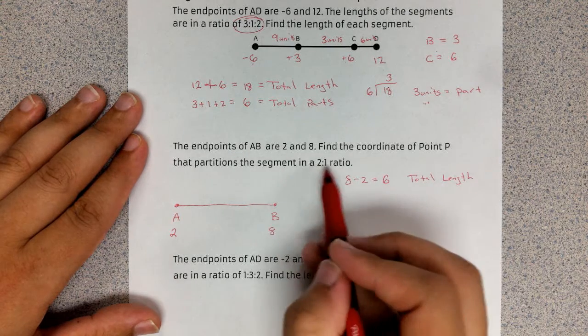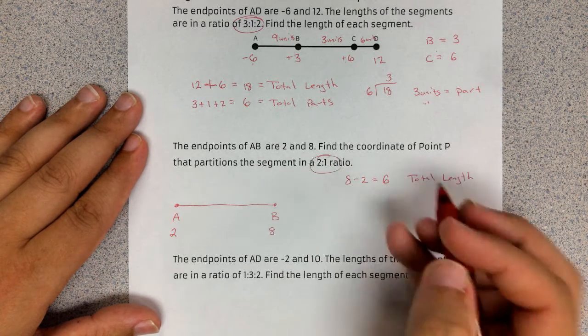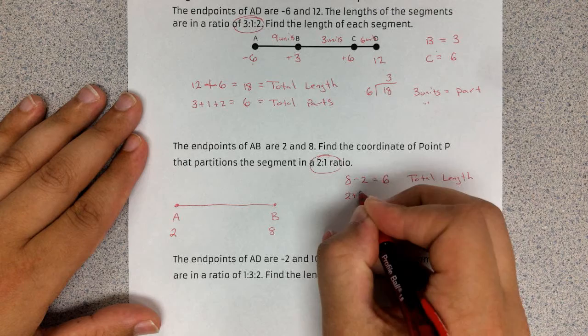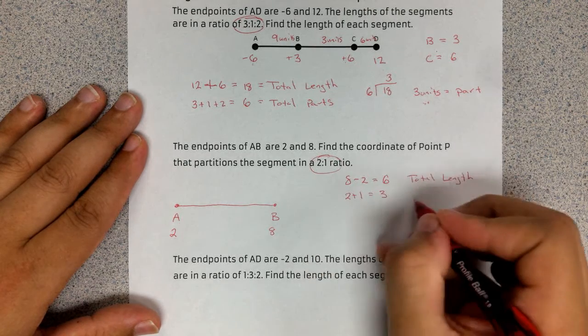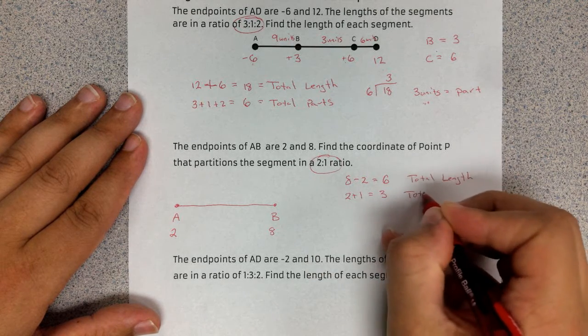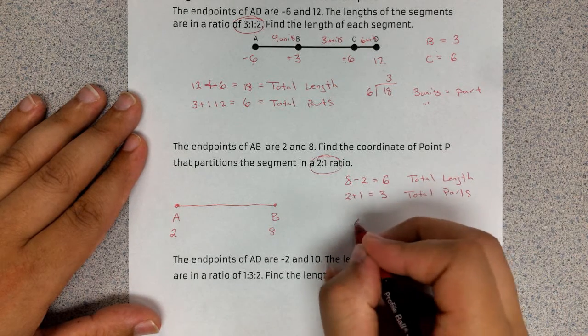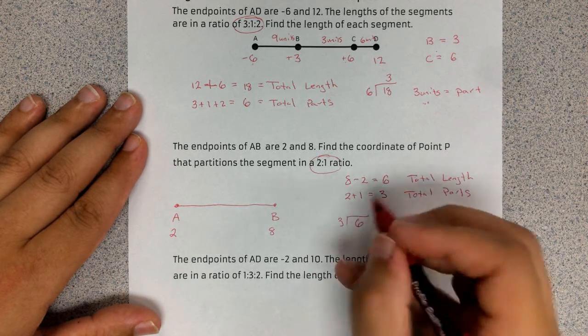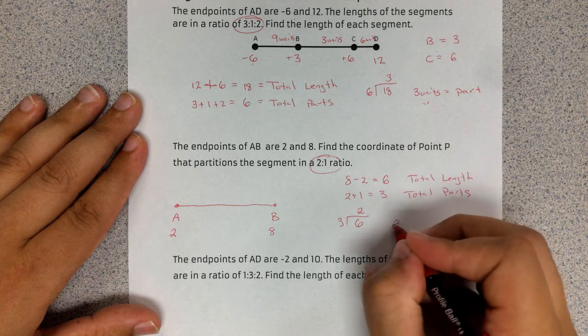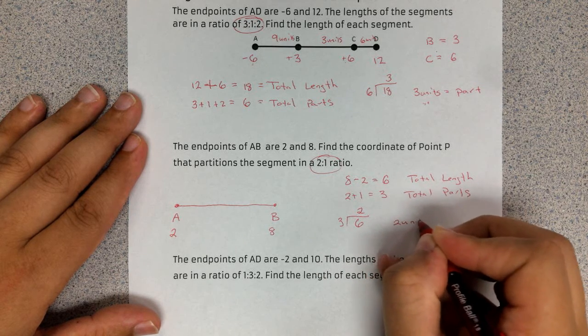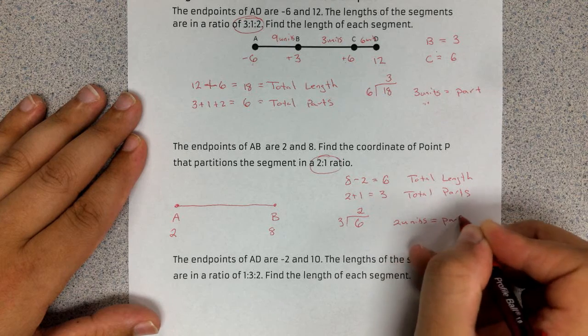The total for the ratio is 2 to 1, so I have 2 plus 1, which equals 3. So I need 3 total parts. Then I find how long each part is by taking 6 and dividing by 3, and I get 2. So 2 units per part.